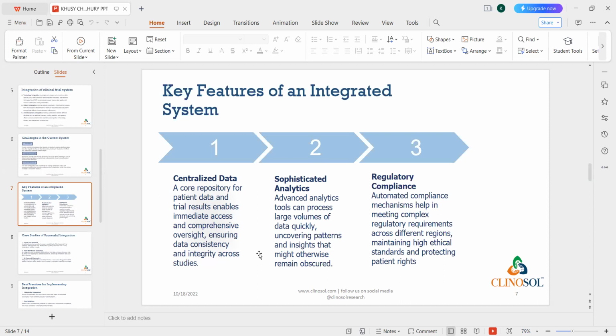Advanced analytical tools can process large volumes of data quickly, uncovering patterns and insights that might otherwise remain obscure. Regulatory compliance. Automated compliance mechanisms help in meeting complex regulatory requirements across different regions, maintaining high ethical standards, and protecting patient rights.